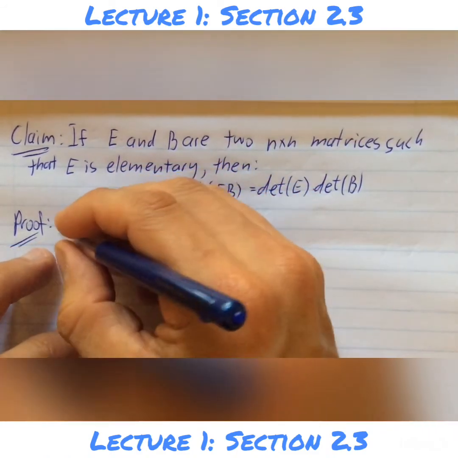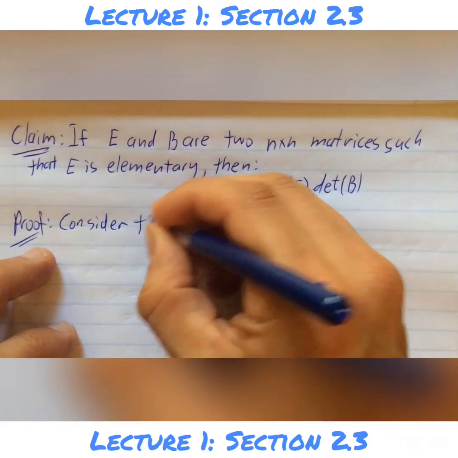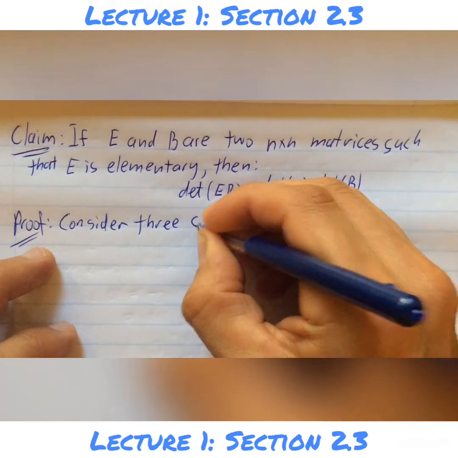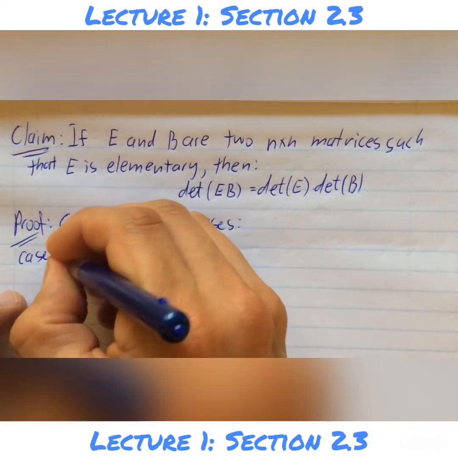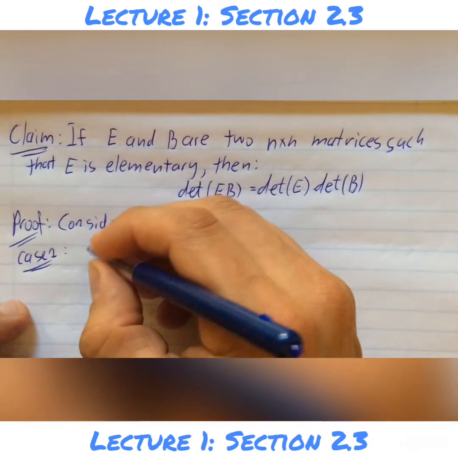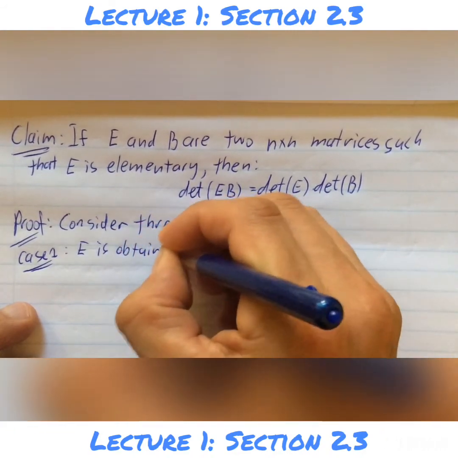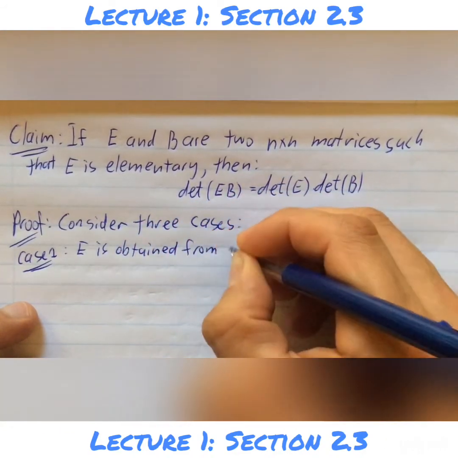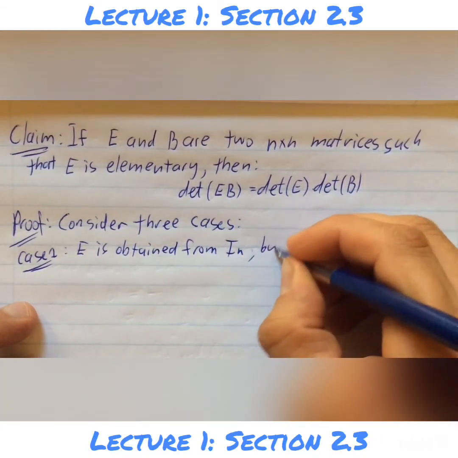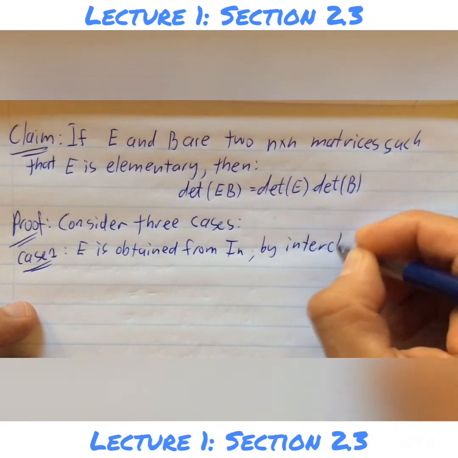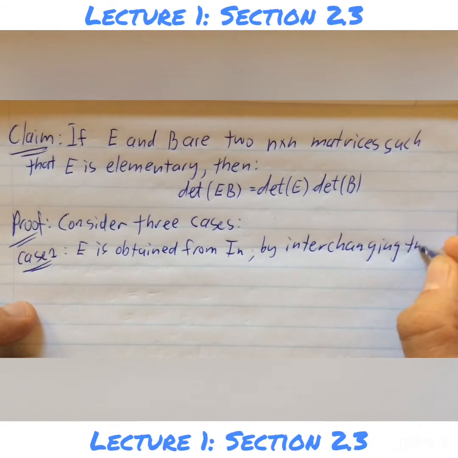So we need to consider three cases. All right, so the first case is E is obtained from the n by n identity matrix by interchanging two rows.